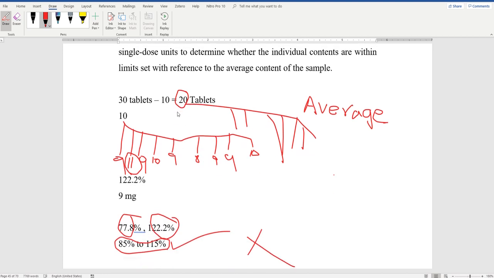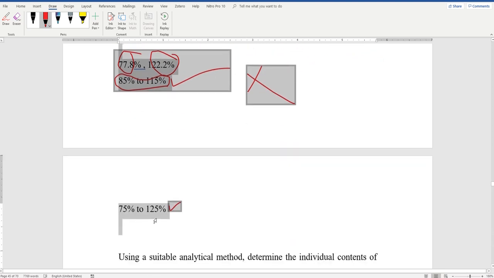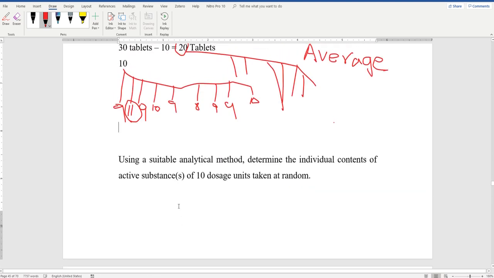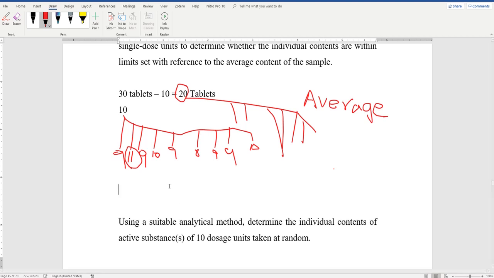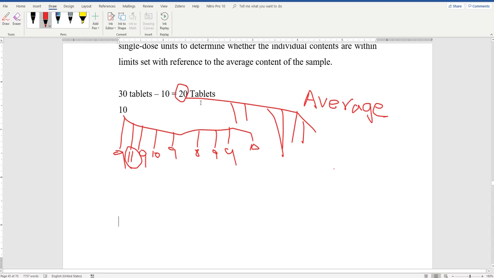Now, after you do that, forget about everything here. Okay, I will remove everything. Now you start all over again. How many tablets did you analyze? Not 20, you already analyzed 30.